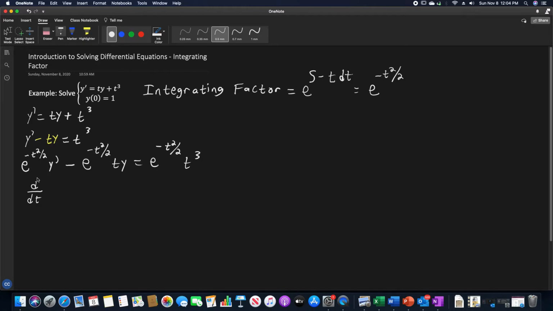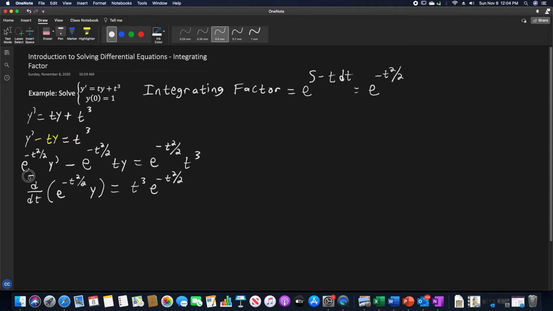The derivative with respect to t of e to the negative t squared over 2 times y is going to be equal to t cubed times e to the negative t squared over 2.